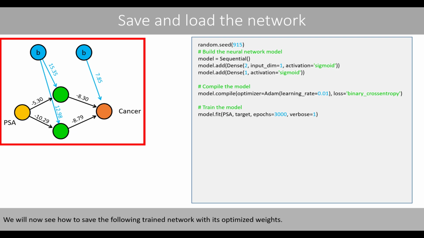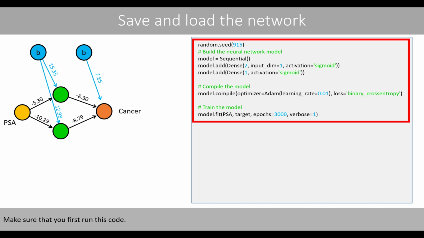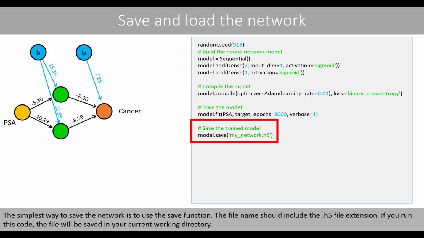We'll now see how to save the following trained network with its optimized weights. Make sure that you first run this code. The simplest way to save the network is to use the save function. The file name should include the .h5 file extension.